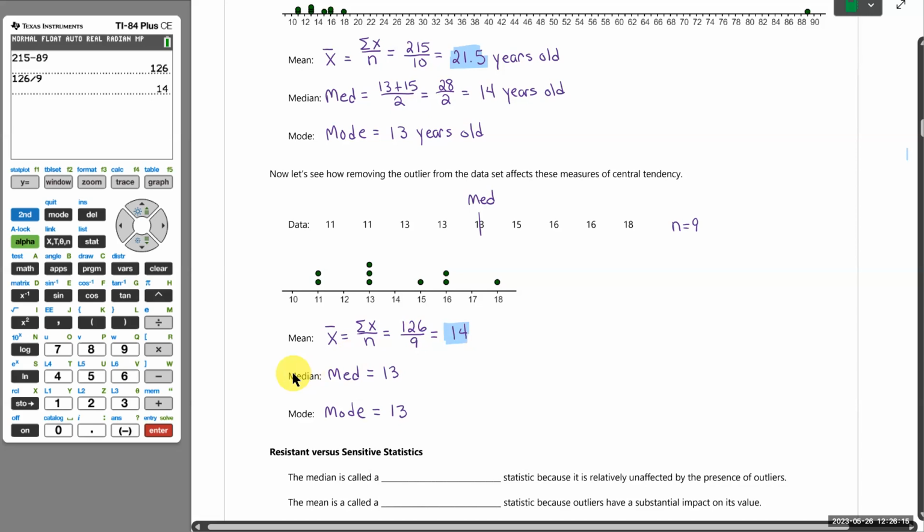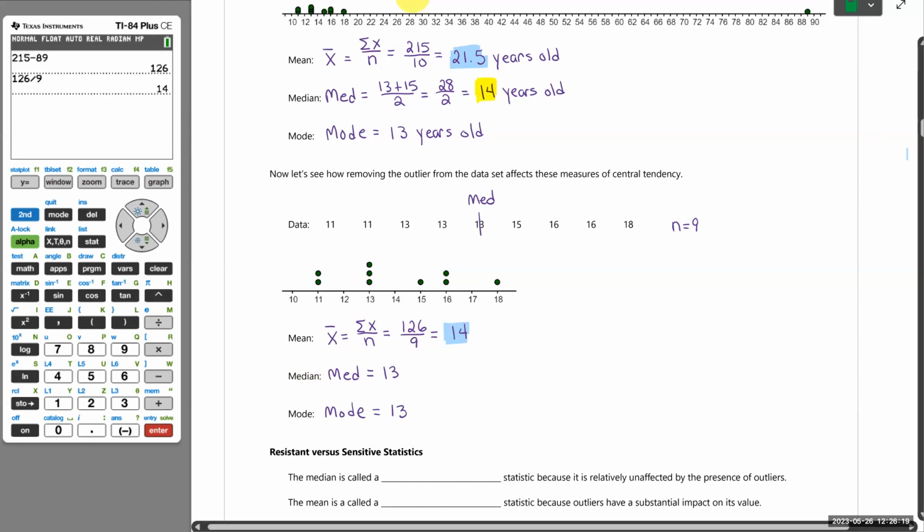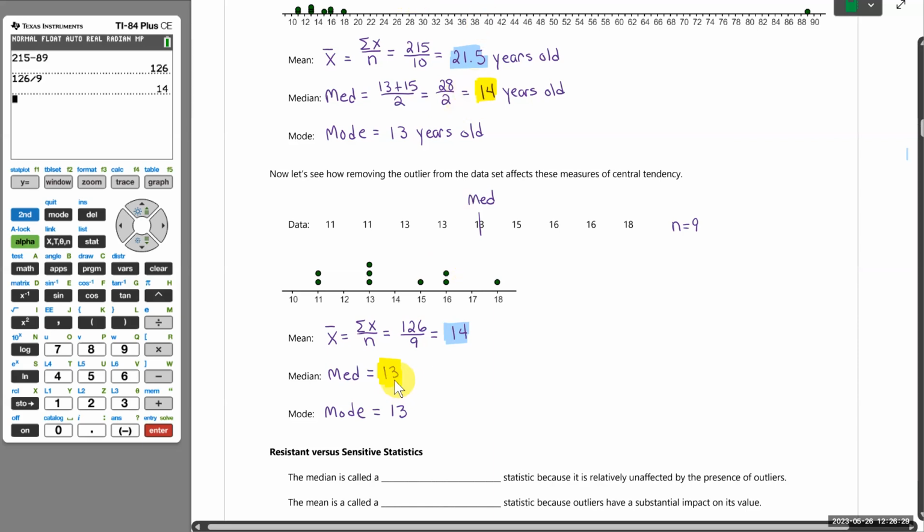However, the median didn't change quite so much. It was 14 with the outlier, 13 without the outlier. So there was a change, but it wasn't really a significant difference. Both seemed to still be a pretty good representation of what would be typical for the data set. And then the mode stayed the same, but let's just address mean and median.